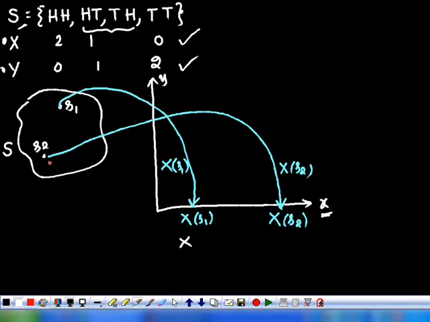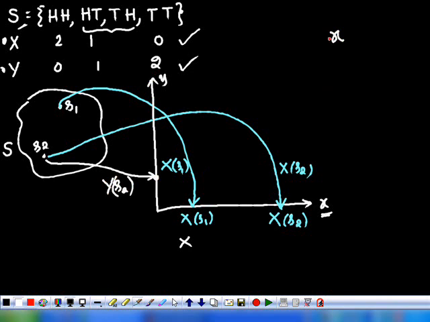Now, when the outcome is S2, there is another random variable taking another value, that is y of S2. Okay, this is one value. Again, this y-axis is also a real axis. Y takes real values from minus infinity to plus infinity.